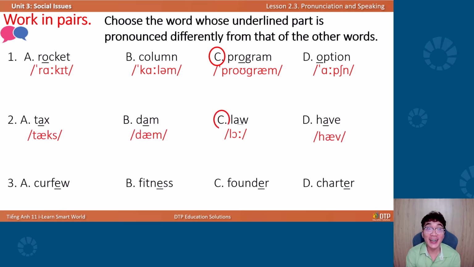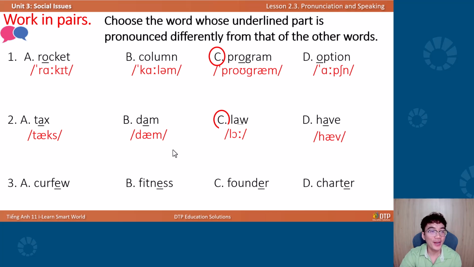Now, we read together, okay? A, tax. B, dam. C, law. It's "aw", right? And D, have. Do you see? You choose C, law. And the other sounds are the same. Very good.